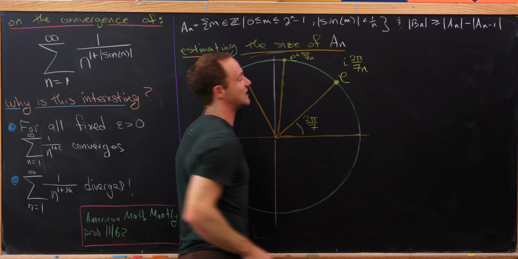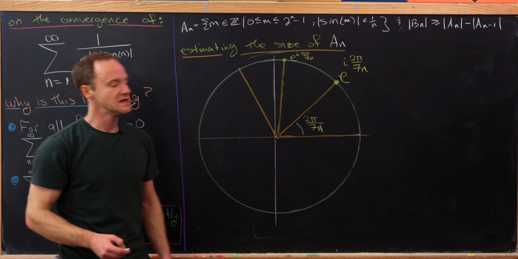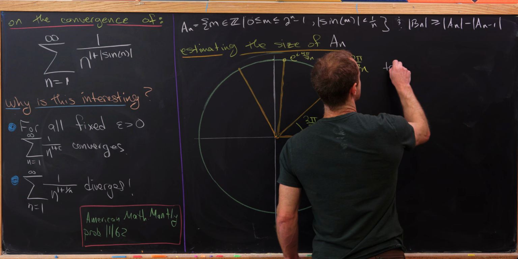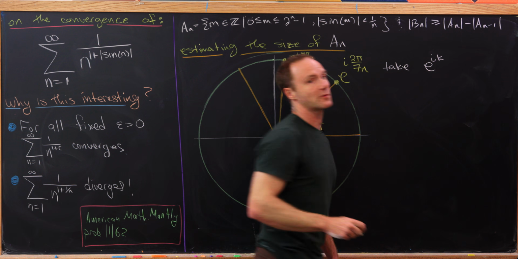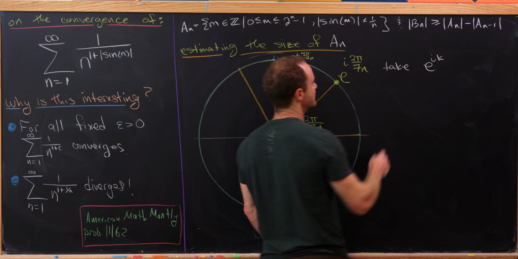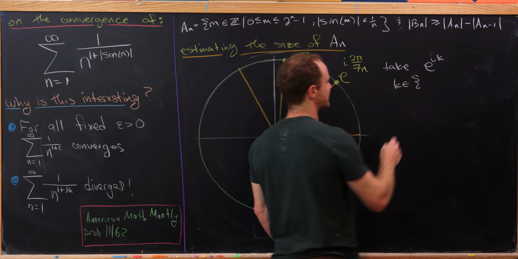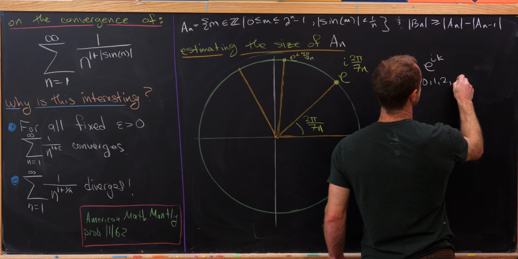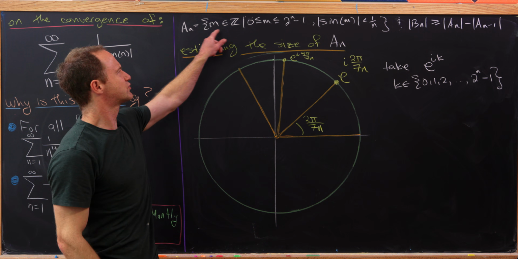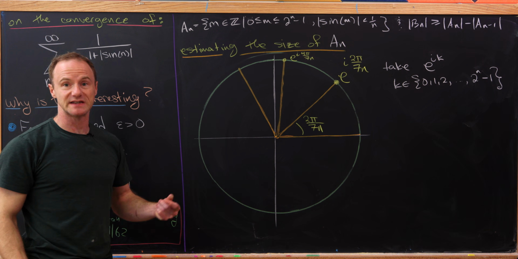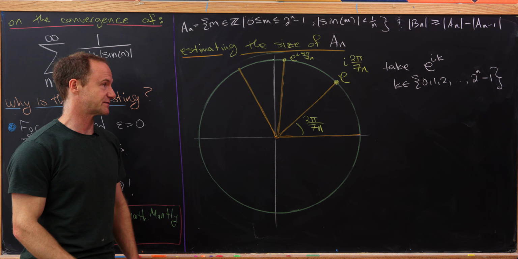Next up, let's take the following types of numbers. They'll be of the form e to the i k, where k is going to come from the set containing 0, 1, 2, ending at 2 to the n minus 1. And look, that's pretty similar to our definition of a sub n. We're just putting it into the exponent of this complex exponential here.